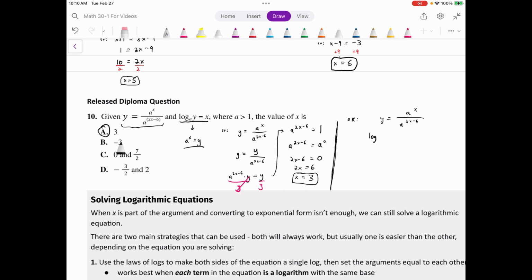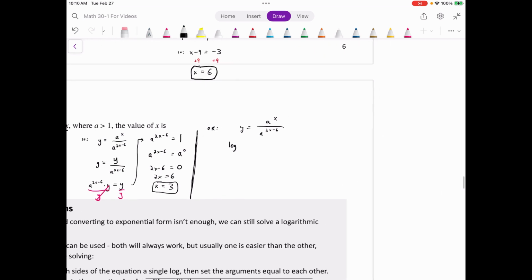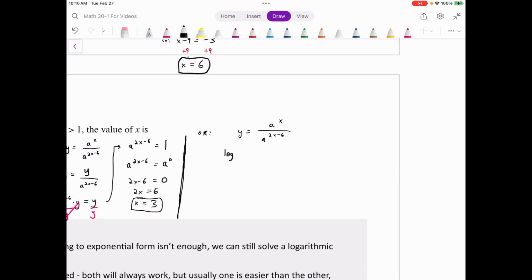They're not asking us to calculate something to the nearest hundredth or anything like that. So what I'm actually going to do is take log base a of both sides, right? We're doing it to both sides, so we can kind of pick what we want to do as long as we do it to both sides. So I'm going to do log base a of y equals log base a of a to the x over a to the 2x minus 6.